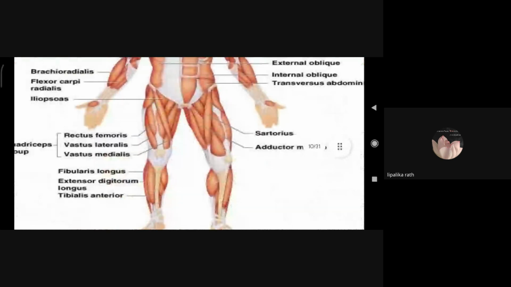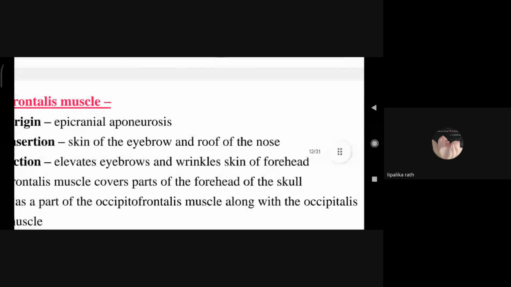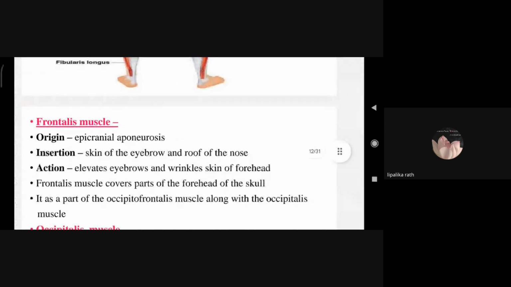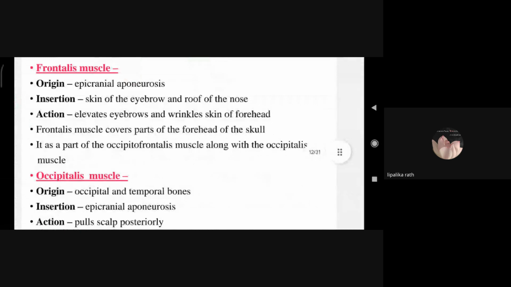So yes, epicranial aponeurosis is the origin of frontalis muscle and insertion is the skin of the eyebrow and root of the nose. Now, what action does it play? It elevates eyebrows and wrinkles skin of forehead.